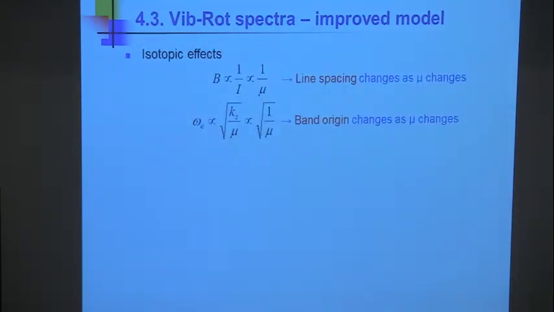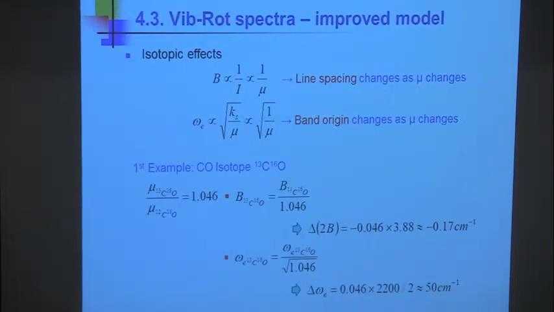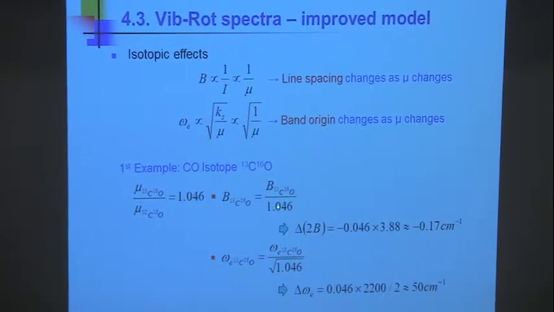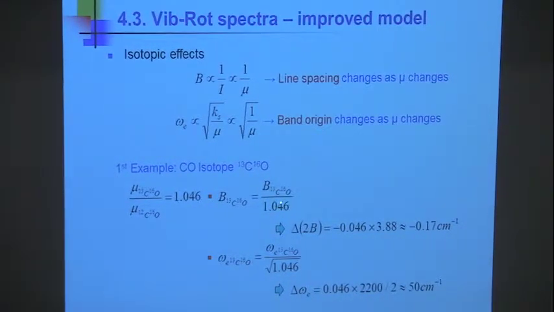Okay, isotope effects. I made the key point that the spacing of these nuclei depends on electrical forces, which do not change when you change the isotope. So you change the isotope and you change the spacing, and you can use that also as a way of getting at the parameters. If we do this for carbon monoxide, the reduced mass ratio gives you 1.046 for 13 and 12, which tells you that the B ratio is off by 5%.